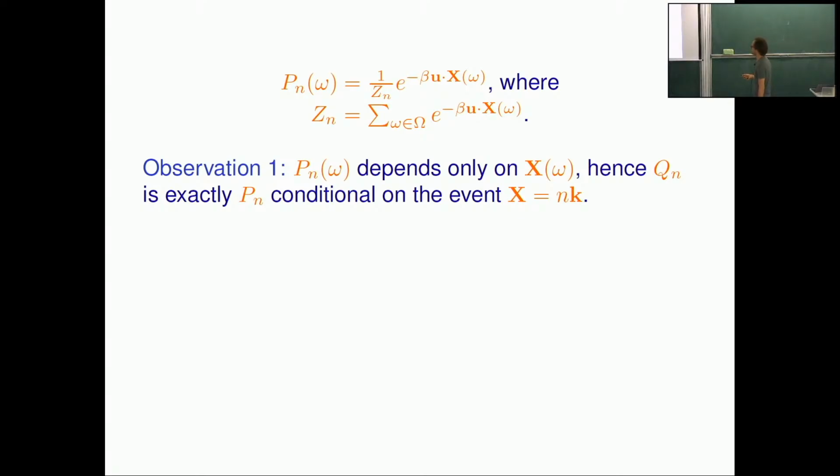But there are some good properties. First of all, the probability of a given function under this distribution on functions depends only on the endpoint of the function.